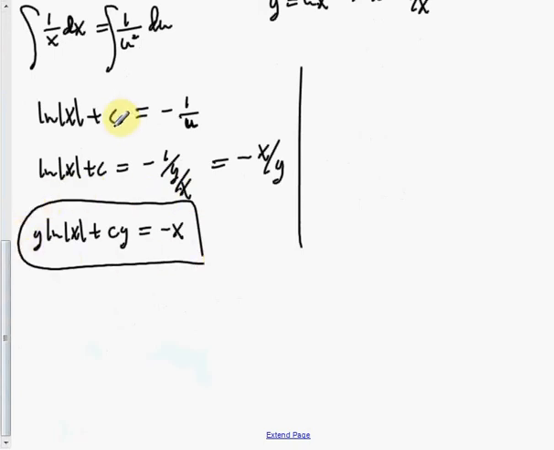You see, you had that selection of where to put the c. If you put the c over by the u, then the answer will look different, but it'll still be equivalent. So what if you were working it over here, and you said that your answer was the natural log of the absolute value of x is equal to negative 1 over u plus c. I mean, that's fine too.